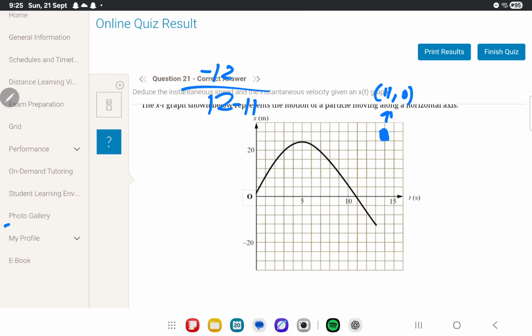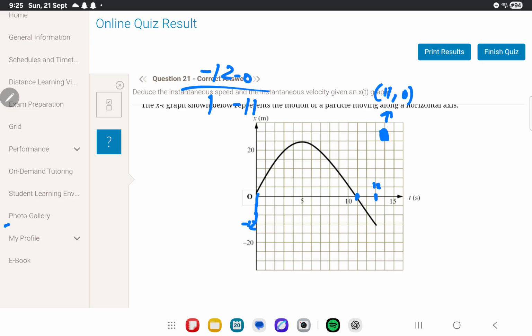So this is going to be 13. No, wait, 1 second. 11's here. This is 11, 12. Okay, and this is negative 2, negative 4, negative 6. Negative, oh wait, no. Negative 4, negative 8, negative 12.